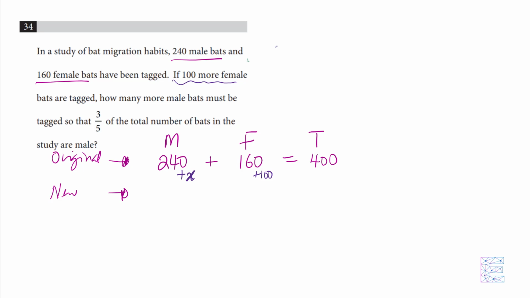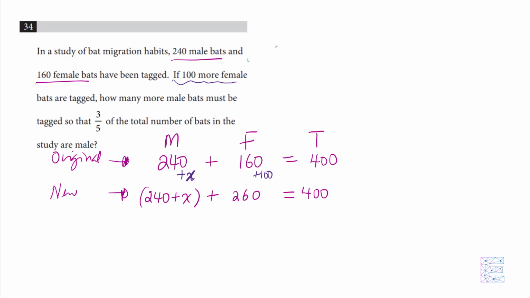more bats. So for the males, it'll be 240 plus some unknown number for the males. For females, well, we had 160 to begin with. We added 100, so we know we have 260 female bats. And this gives us a new total. And that new total is 400, because we had originally 400 bats.